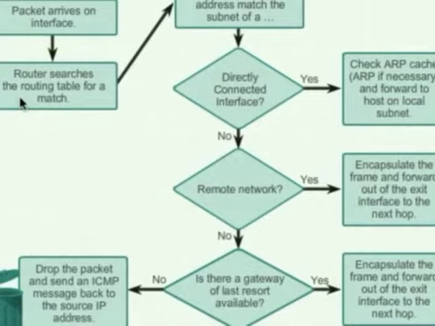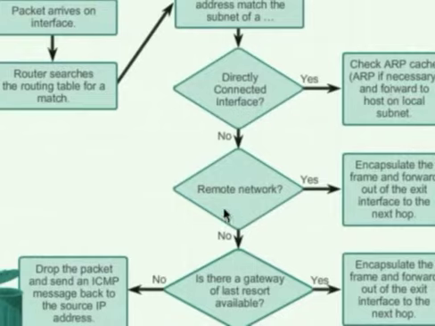Then the destination address matches a subnet, and we have here two options: a directly connected interface or a remote network. If it is a directly connected interface, as with router 3 and PC2, next we only have to check the ARP cache and forward to the host on the local subnet.